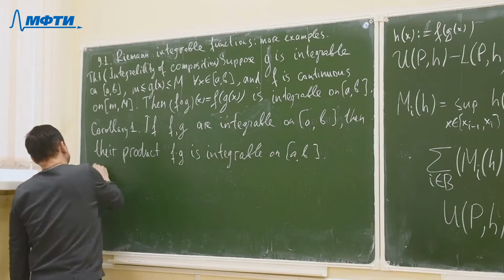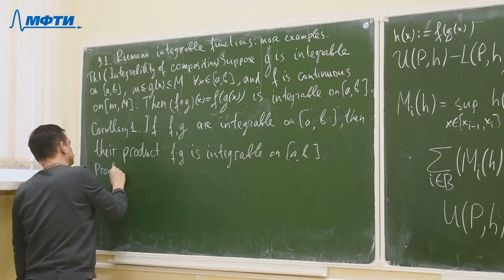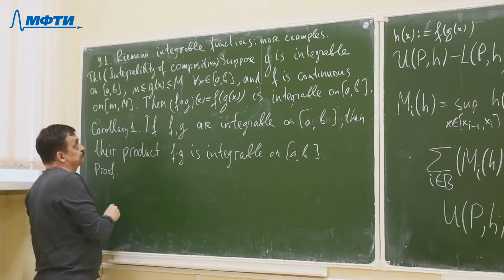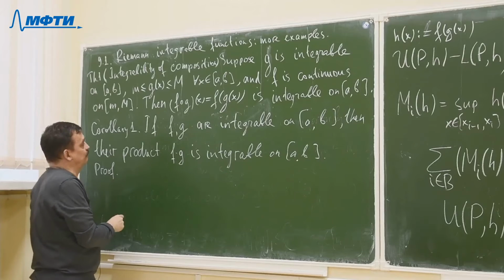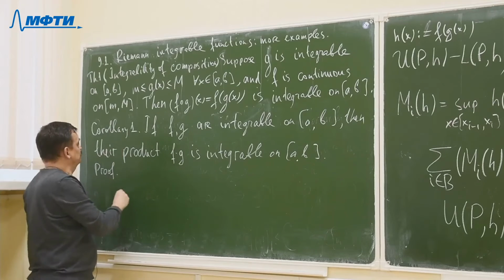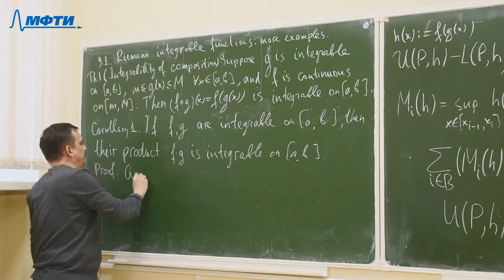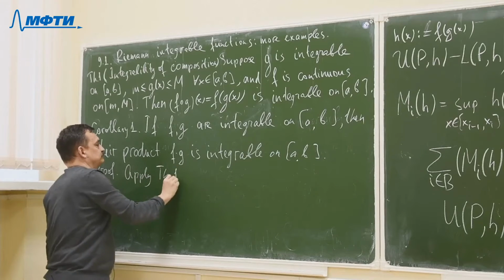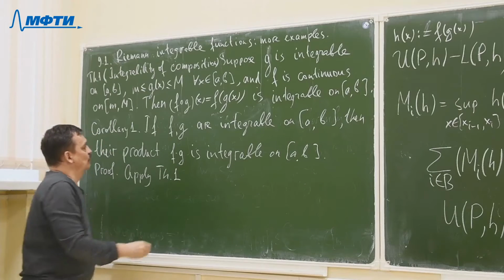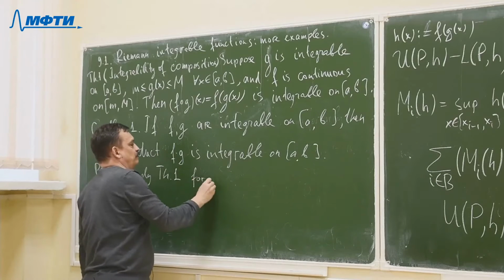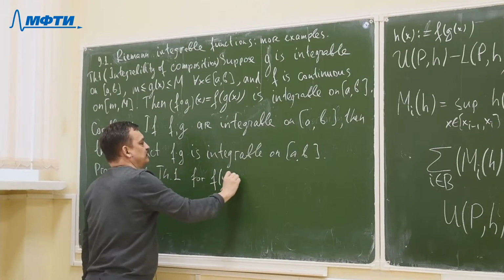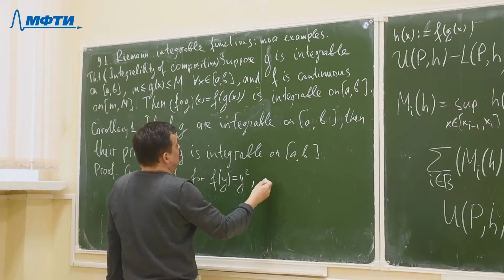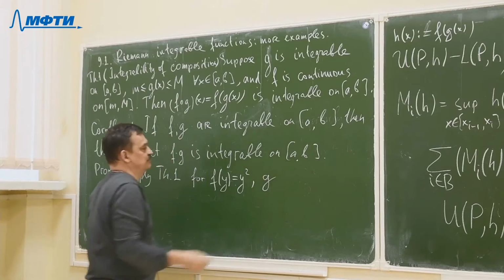Proof. Firstly, we apply our theorem 1 for f of y equals y squared, and g is g.